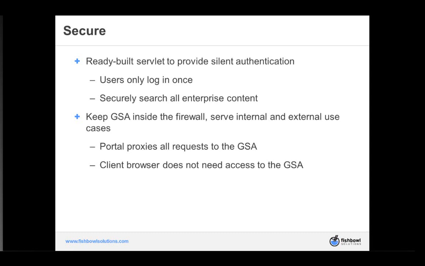The other piece around security is, I mentioned before, the ability to keep your GSA inside the firewall. So the portal is going to proxy all the requests to the GSA. So you can use one GSA both internally, say to serve an intranet, and externally maybe to serve a supplier portal, and do that all with one GSA, and your client browser does not need to have access to the GSA. Your GSA does not need to be accessible outside the firewall.